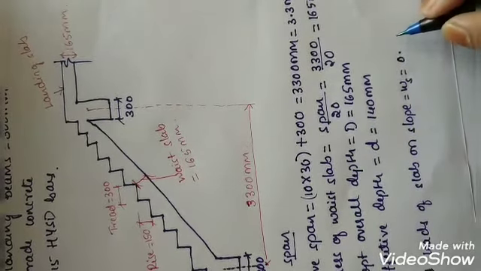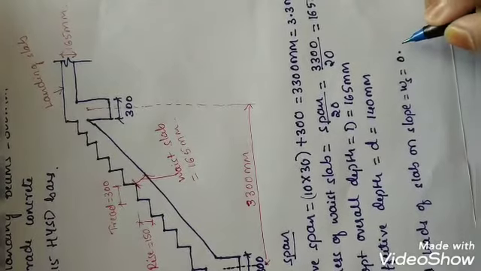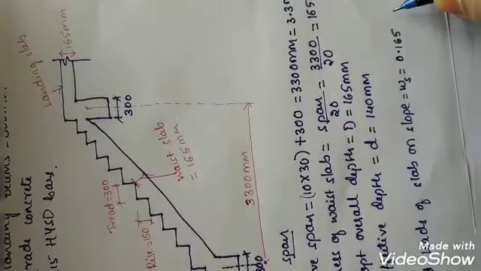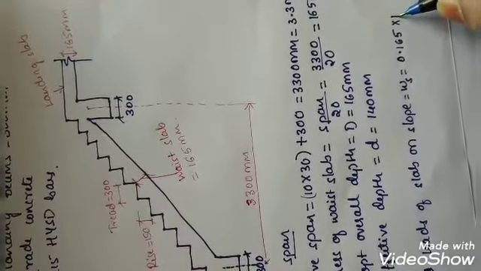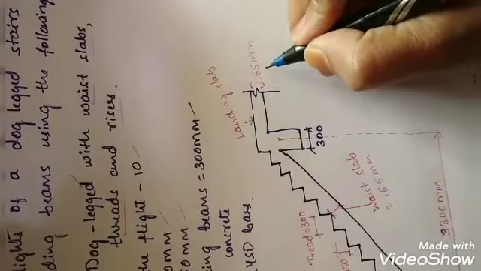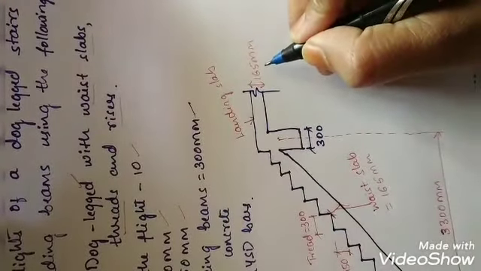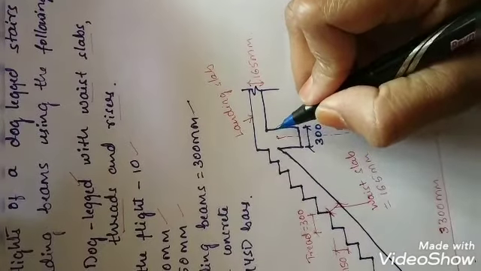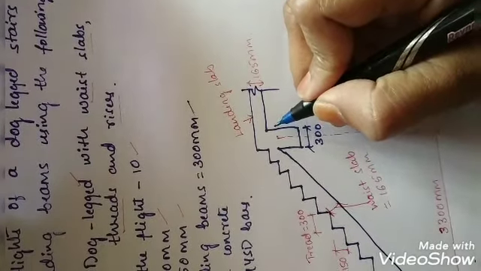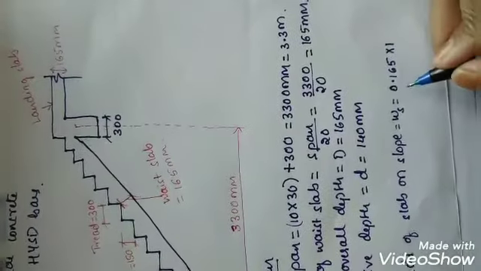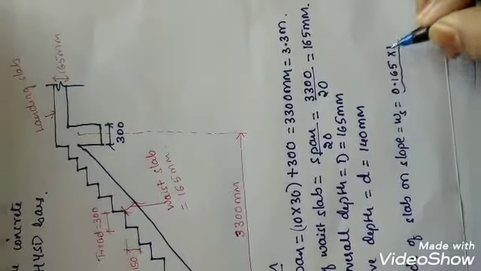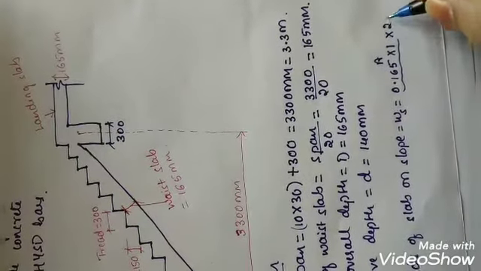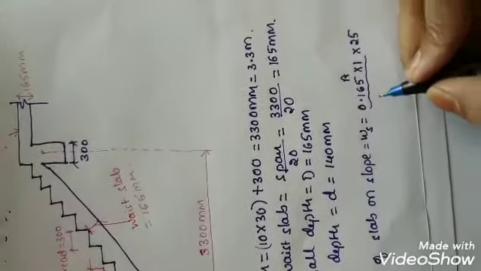So the slab is usually rectangular in shape, and we know the slab area is nothing but breadth into width; breadth and width we have considered now. So 0.165 into 1, just see. 165 mm is there, nothing but 0.165 meter, and this width we have considered as 1 meter, nothing but 1000 mm. Okay, so here self weight is nothing but area into unit weight. Area we have considered, unit weight is 25, we have used it many times.